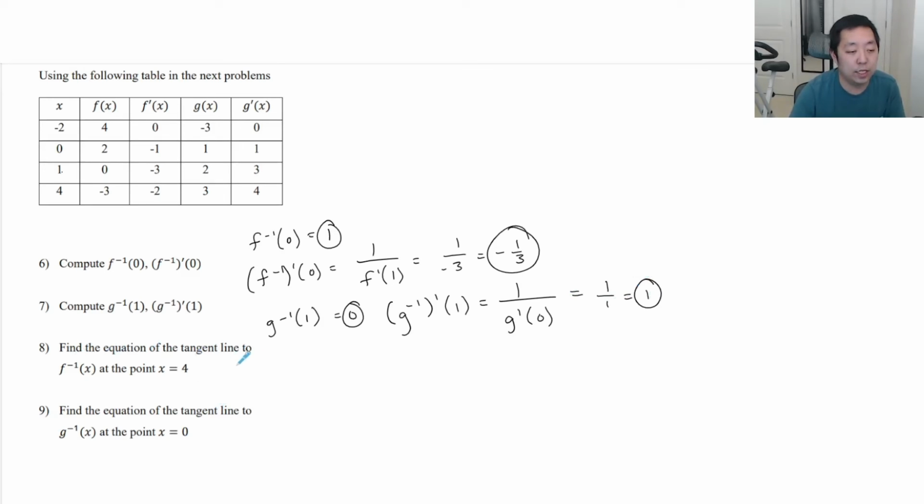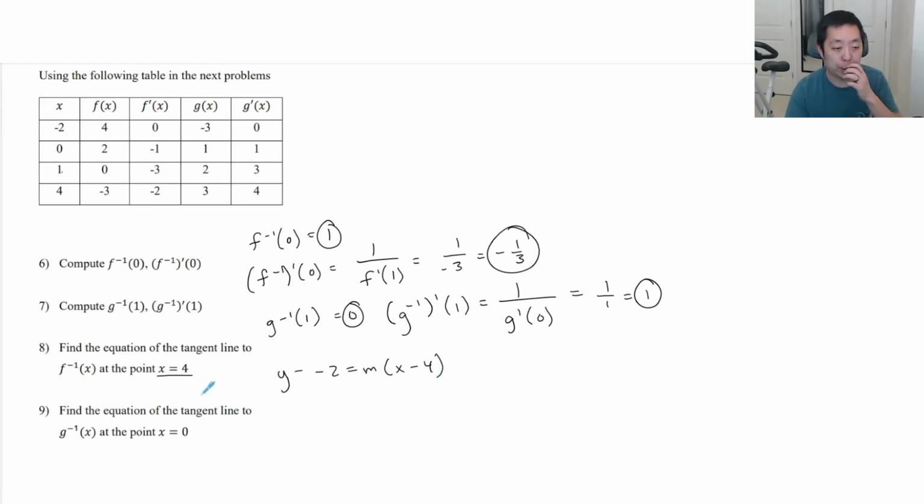Find the equation of the tangent line to f inverse of x at the point x equals 4. So again, in this case, we're saying x equals 4. So we're going to do y minus, so at x equals 4, this is the y coordinate for the original function. So we're doing negative 2. Y minus negative 2 is m times x minus 4 in this case.